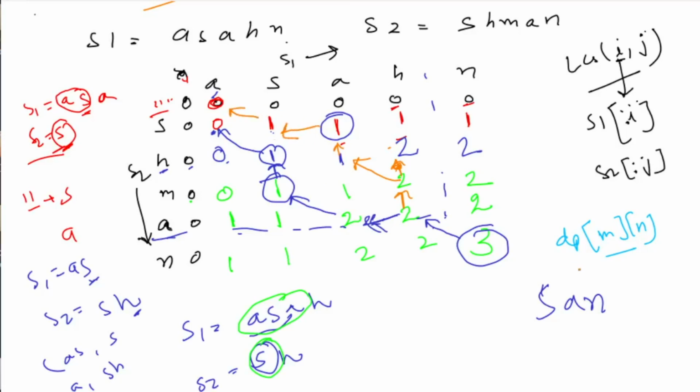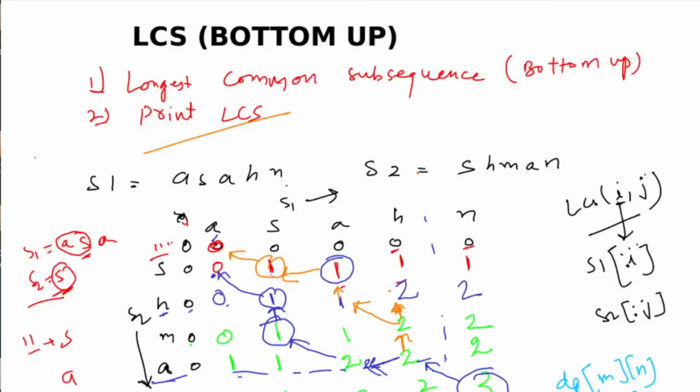In that case, your this s, and then here we have this h and n. So there can be 2 longest common subsequences for these 2 strings. So that's it for the approach, that is this bottom-up approach. Now let's see code for it.